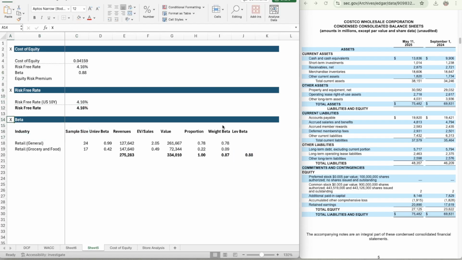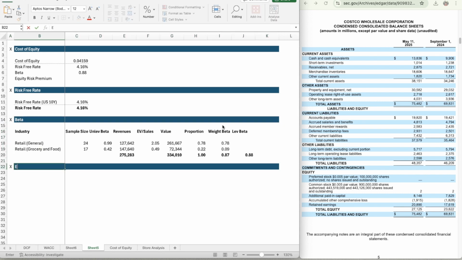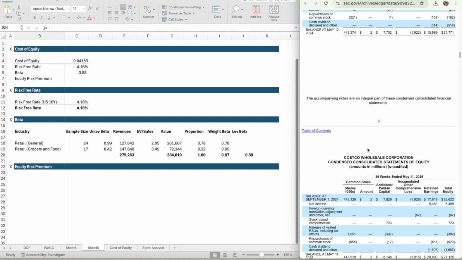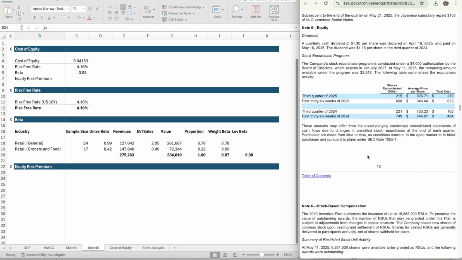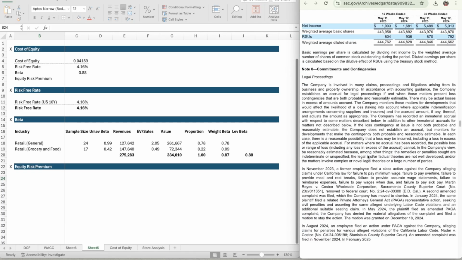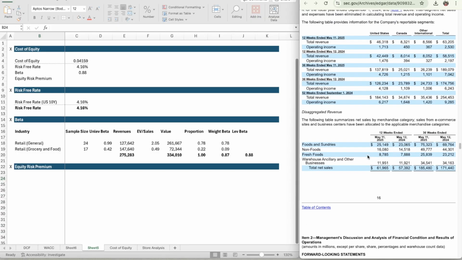Now let's go on to the equity risk premium. For this, we're going to look at the breakdown of Costco's revenues by region.